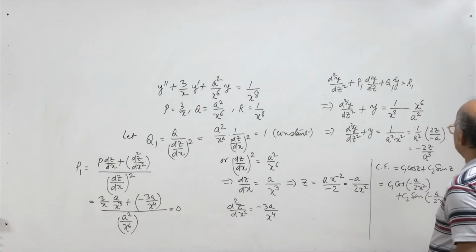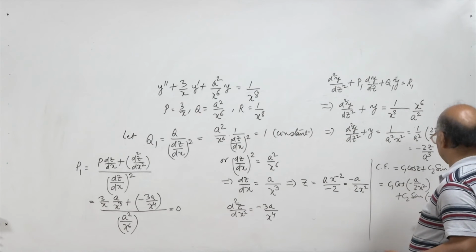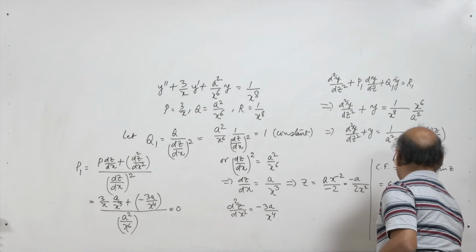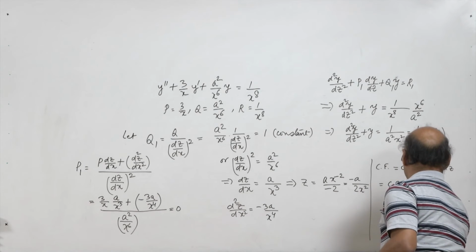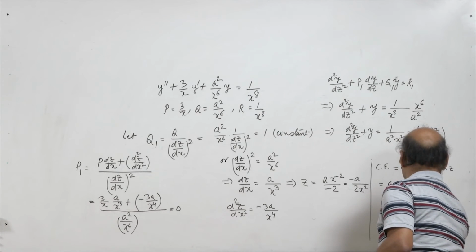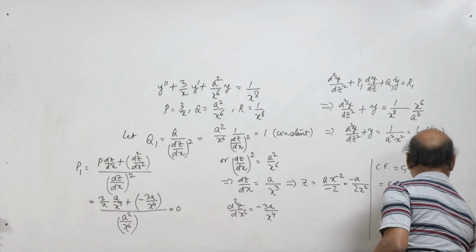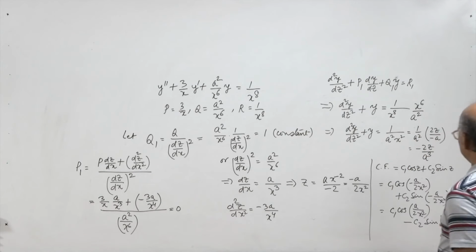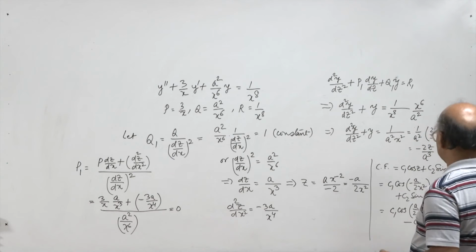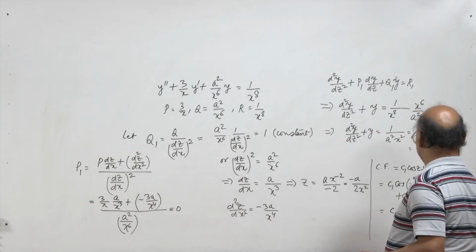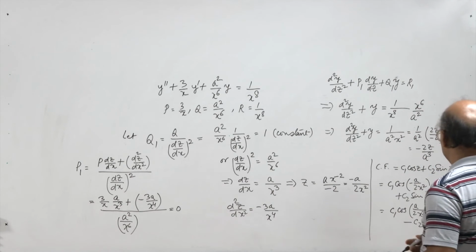Cos minus theta is equal to cos theta, sin minus theta is minus sin theta. So we can write it as c1 cos a by 2x square minus c2 sin a by 2x square. Minus c2 can be replaced by another constant, say c2 dash, and we can write c1 cos a by 2x square plus c2 dash sin a by 2x square.